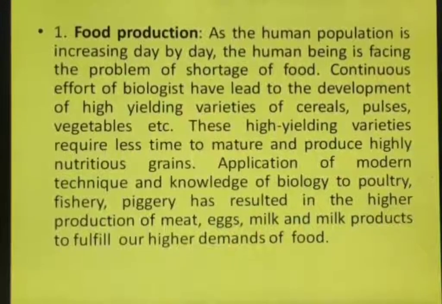So these are all the gift of our knowledge of biology. These high yielding varieties require less time for maturation and produce highly nutritious grain. So application of modern technique and knowledge of biology to poultry, means rearing of duck, chicken and all these things, fishery, means rearing of fish, piggery, rearing of pig, has resulted in high production of meat, egg, milk and milk product to fulfill our high demands of food.